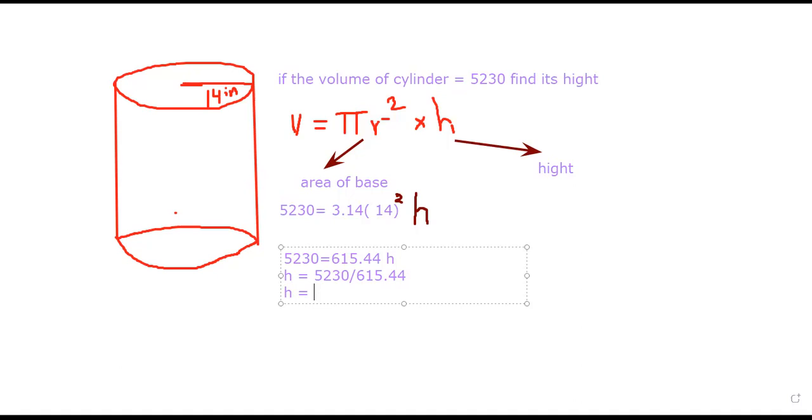Sure? 5,230 divided by 615.44. It is 8.49, right? 8.49.